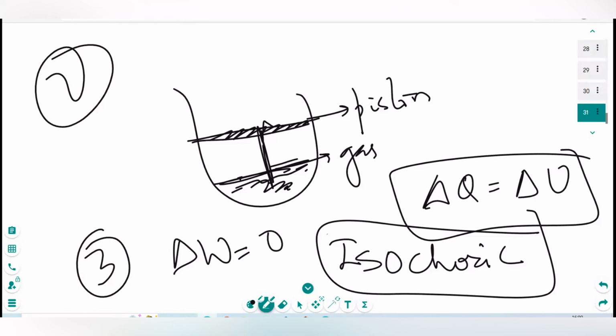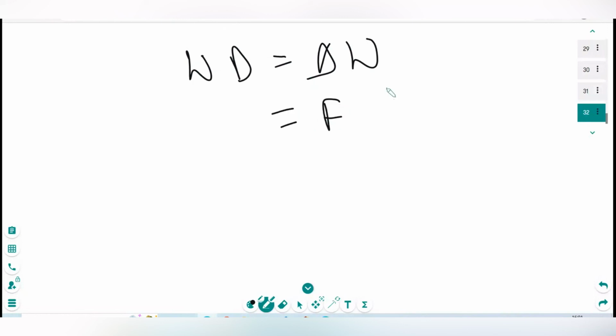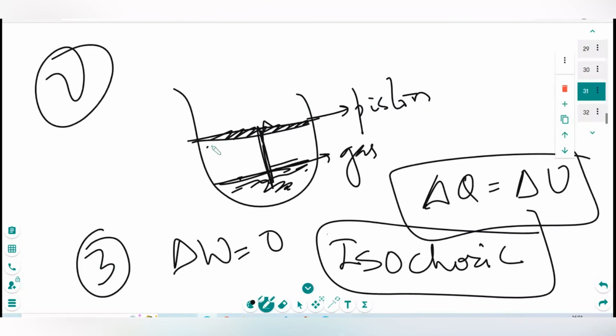As the piston is moved, work done equals force times displacement. The piston is displaced from its place and has come down.